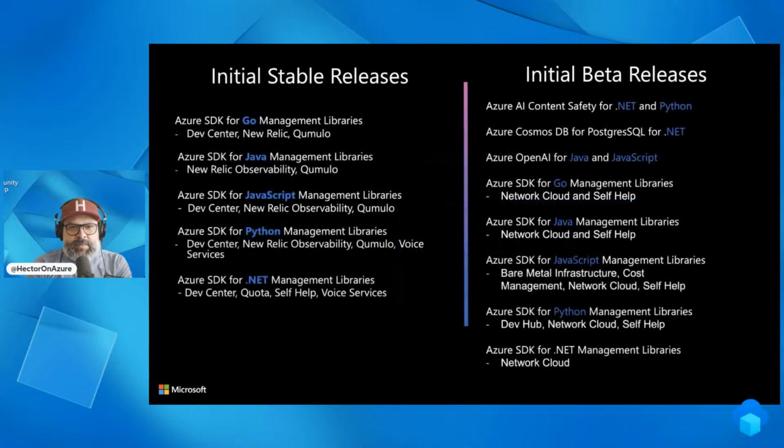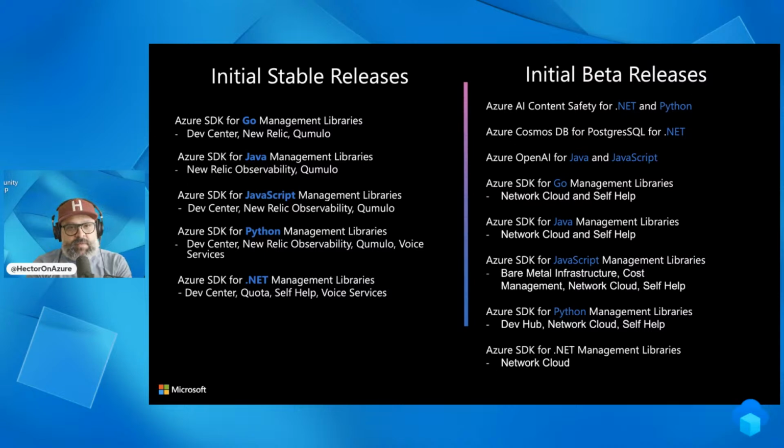Let's see what we're going to talk about today. I wanted to talk a little bit about the initial stable releases for this month. We have a lot of releases for Azure SDK for Go, management libraries, Java, JavaScript, Python, and .NET. As you can see, there's a lot of New Relic observability, Cumula, New Relic, and voice services.